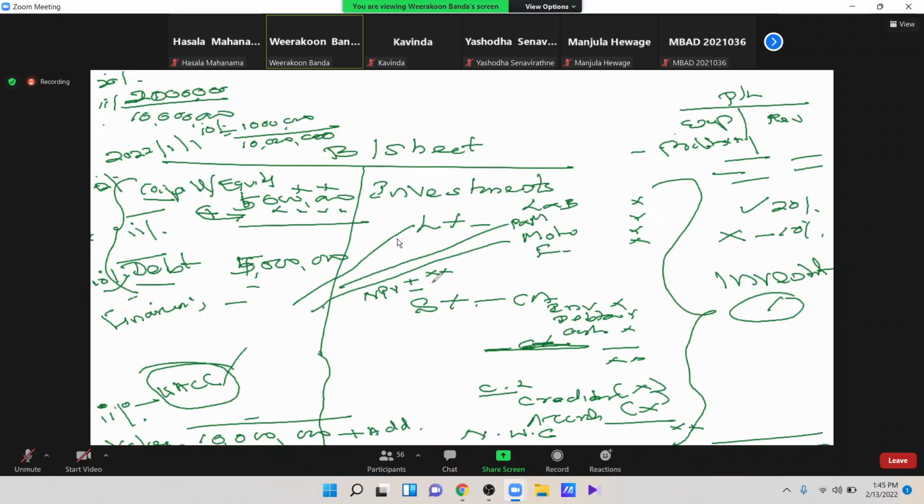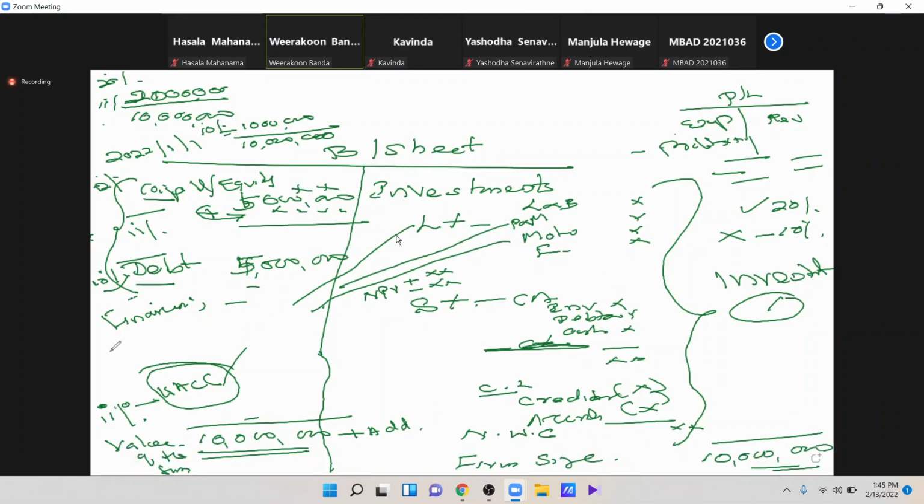If the return is less than the 11% rate, then the NPV value becomes negative. So as a business firm, we don't accept this kind of negative NPV project. Every time we accept only positive NPV projects, because those projects generate more return than the cost.